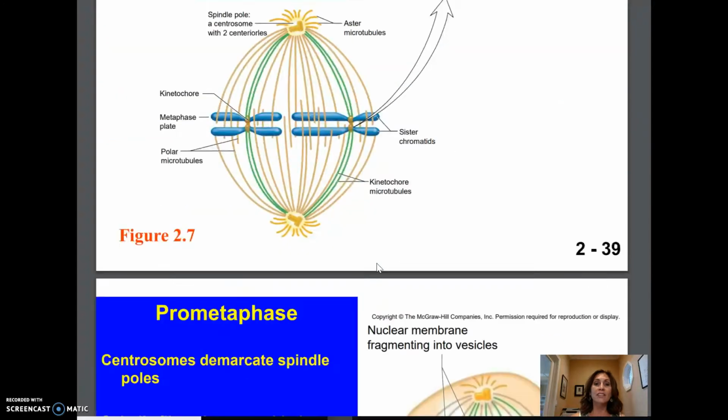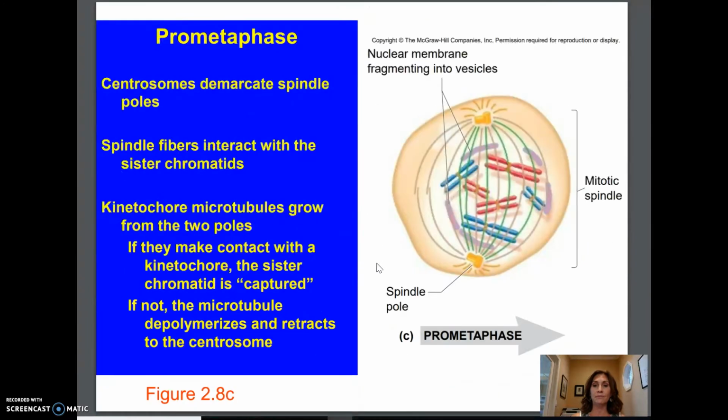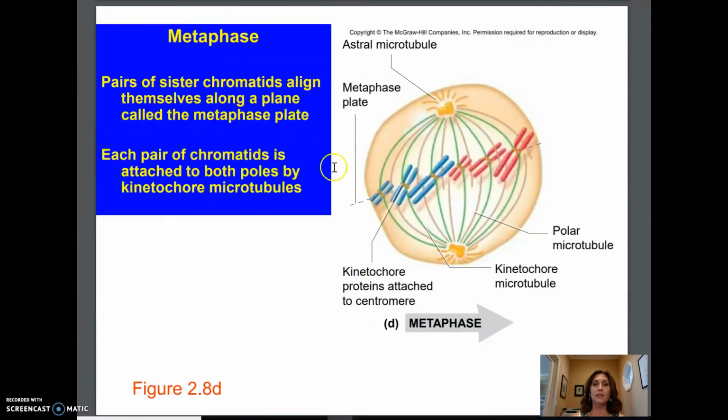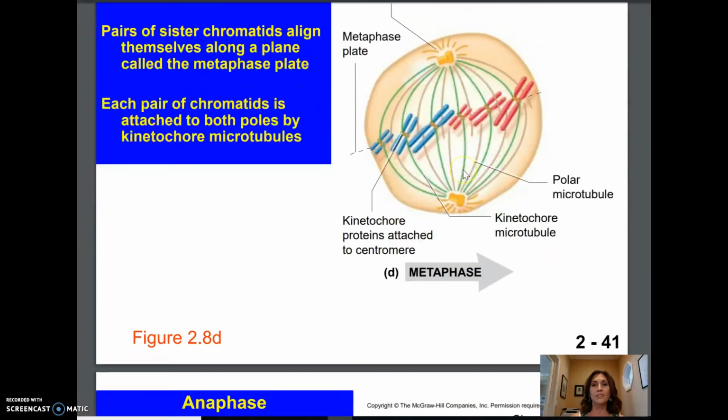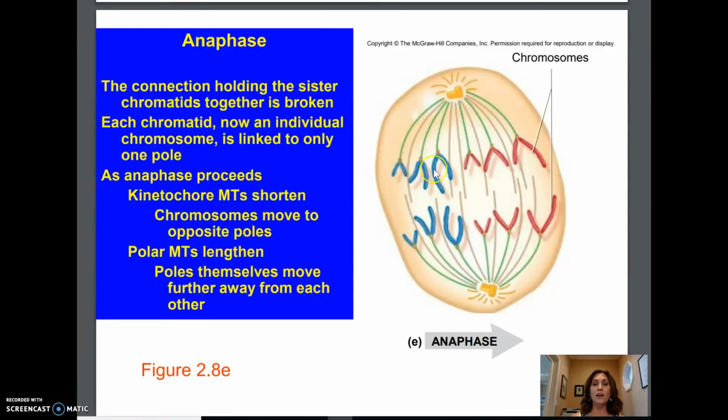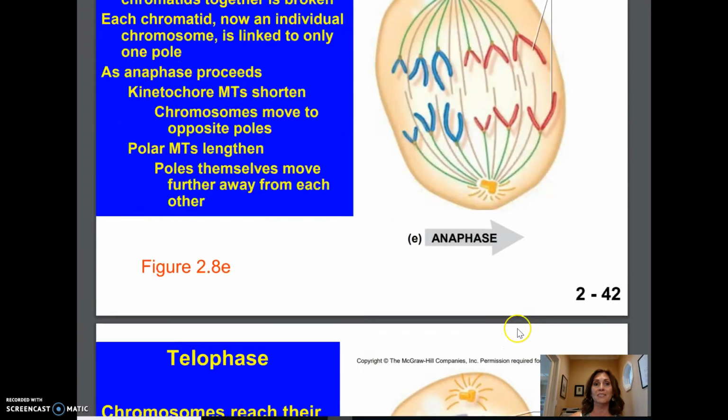By the time that they get there, after prometaphase, we call that metaphase. At this point, the nuclear envelope is gone, totally dissolved. Now, anaphase is where those microtubules from the centrosomes start pulling the chromatid pairs apart. Like I said, it's like fishing, putting out a fishing line and pulling back the fish or the chromatid.